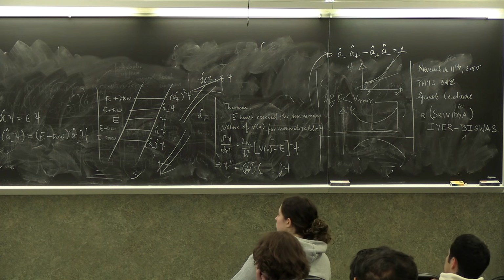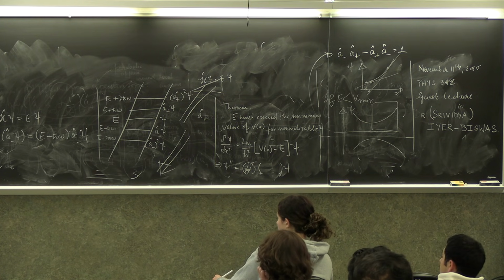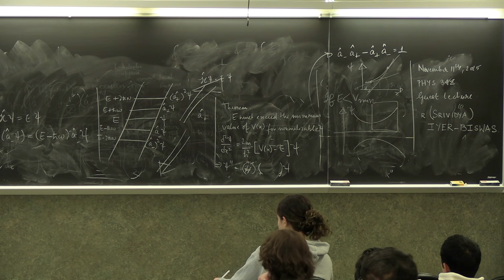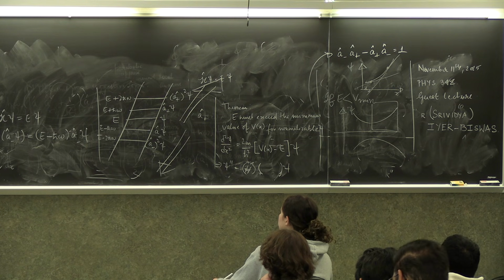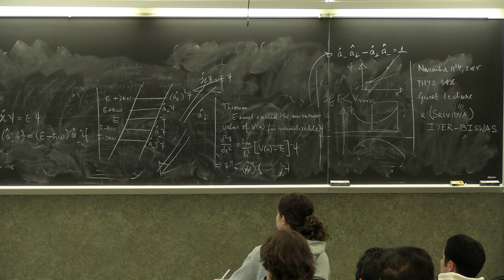Our ladder picture was constructed from theorems which did not guarantee that the psis we would construct by raising and lowering the original well-behaved normalizable psi would themselves be normalizable. Let me say that again.